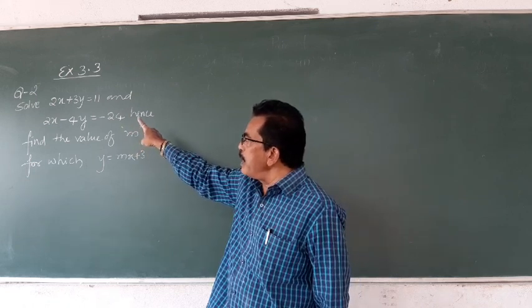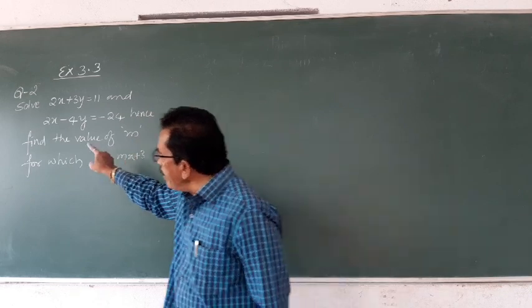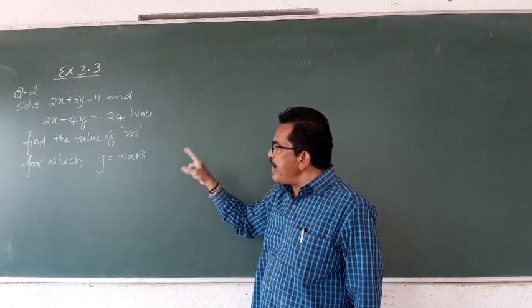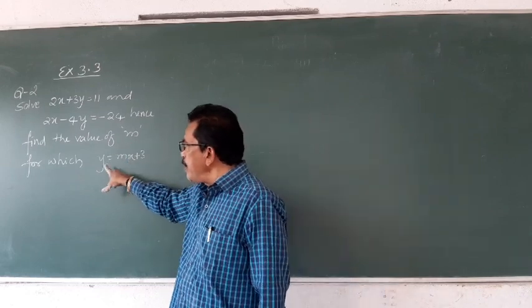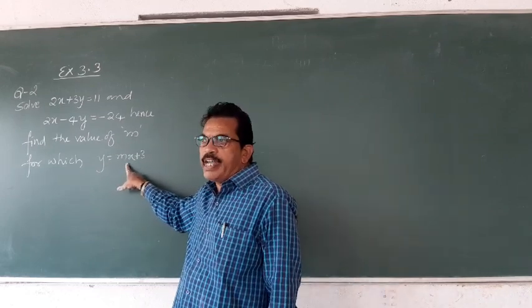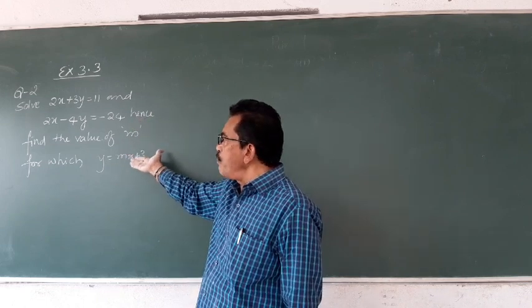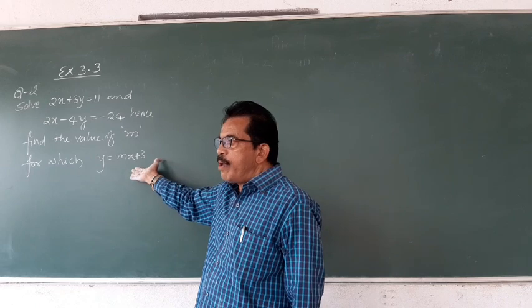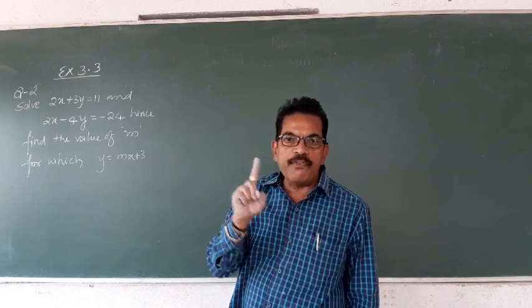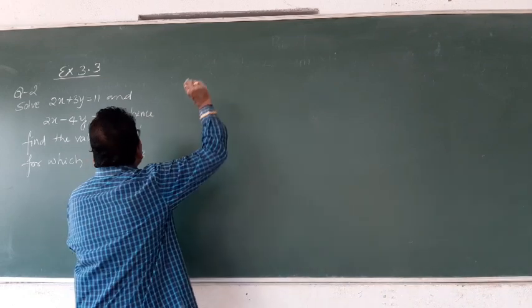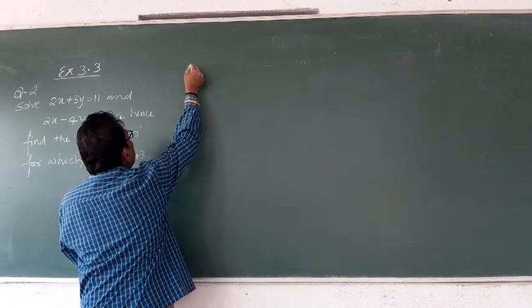Solve 2x plus 3y equals to 11 and 2x minus 4y equals to minus 24. Hence find the value of m. See, value of m we have to find. After solving by substitution method, we have to find the value of m by utilizing the values of x and y.